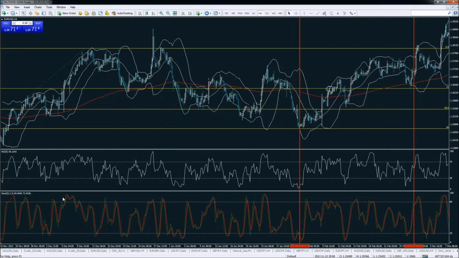Now, if you are going to use smaller time frames, you will need to change every single detail on those different indicators that you're using. That's going to need a lot of time, so you can backtest it to see whether it's working.